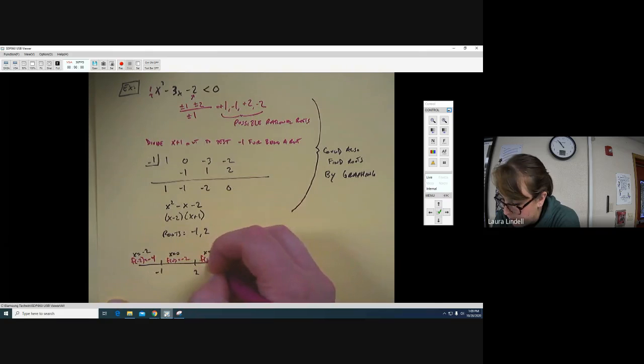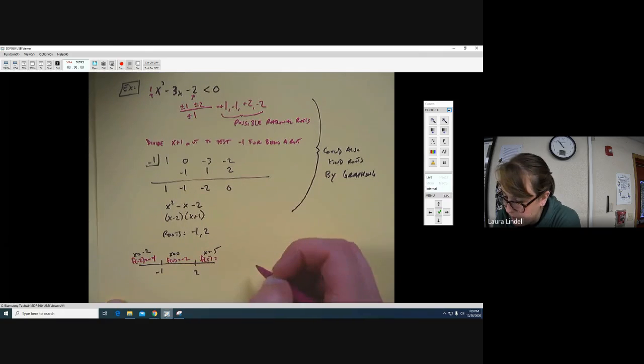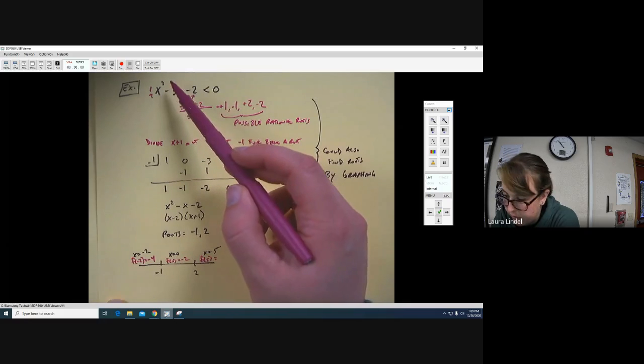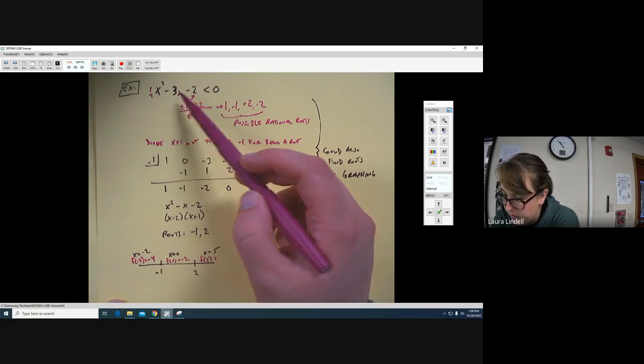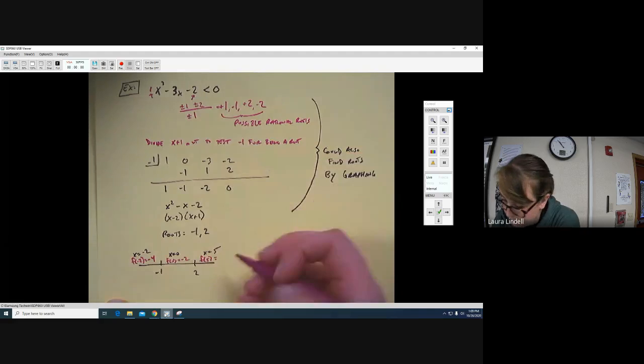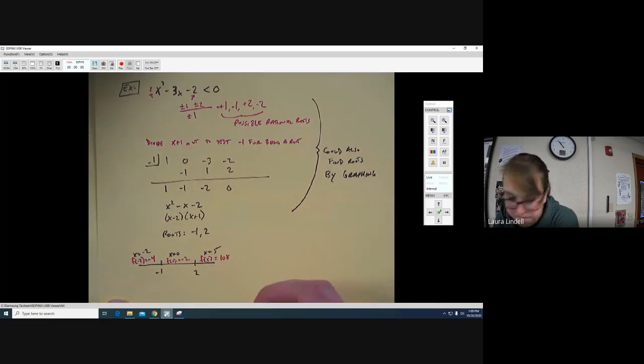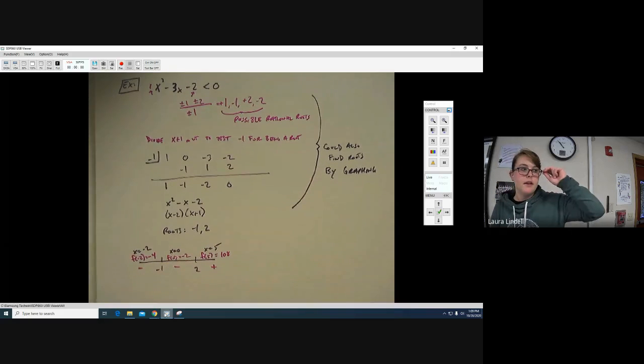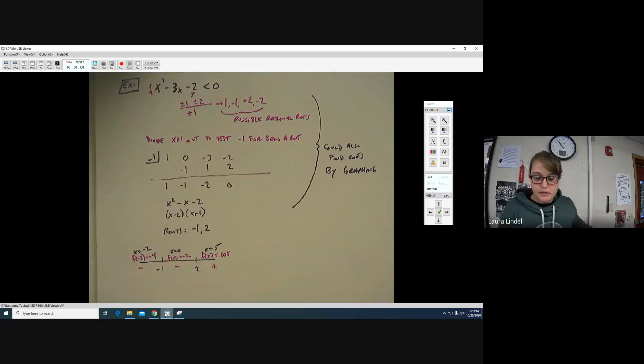Plugging in 5, we get f of 5: 5 cubed is 125, minus 15, minus 2 gives us 108. So we have a negative, and a positive. This thing only changes sign once, and we're looking for the cases where it is less than 0. That means we want the negative interval.